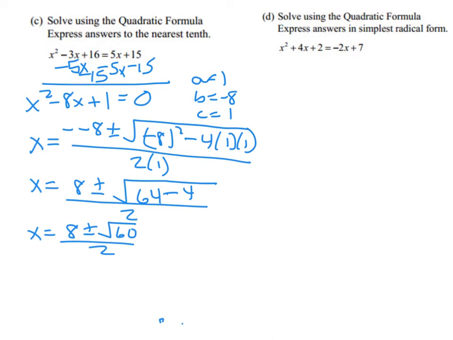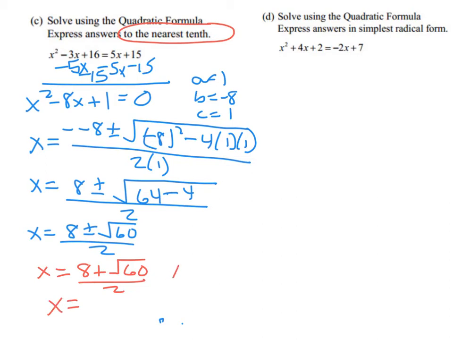Now, normally I would go and break up 60 into 4 and 15 and get a 2 radical 15 out of it. However, directions say to the nearest tenth. So I would get your calculator out, and you would do that in a calculator. You're going to take 8 plus the square root of 60, whatever that turns out to be. Divide that by 2, and I'll get our answer in a moment here.